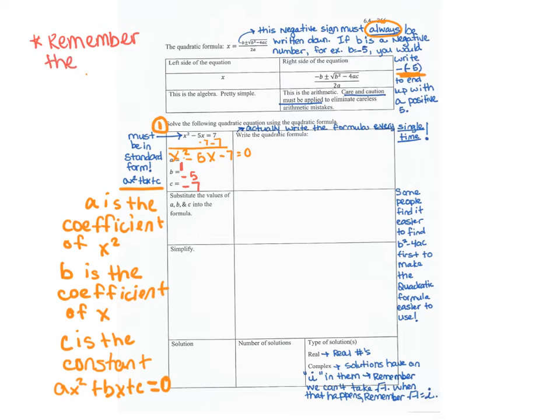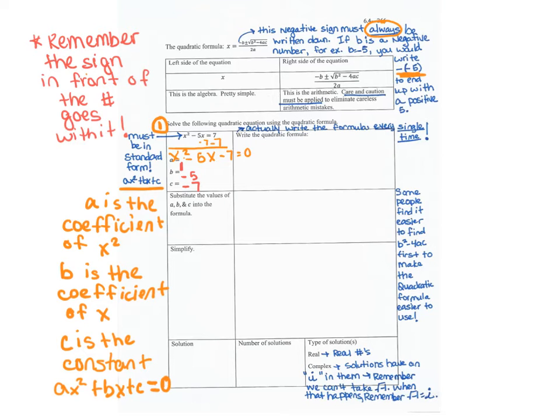So remember, the sign in front of the number goes with it. So it's written in standard form, and so now I know what A, B, and C is.